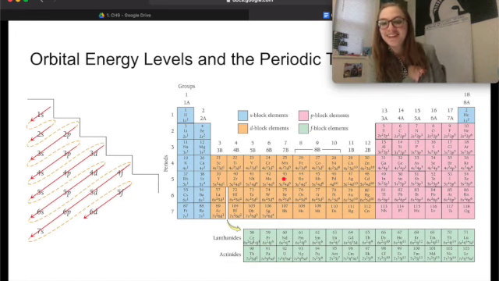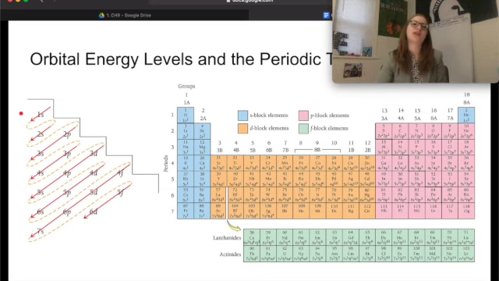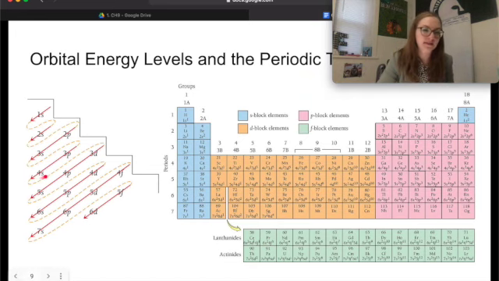Well, here's our periodic table. Now comes our periodic table explanation. So when we're filling these orbitals, we're filling them from 1s to 2s to 2p to 3s to 3p to 4s, all the way back to 3d to 4p to 5s to 4d to 5p to 6s, and so on and so forth.